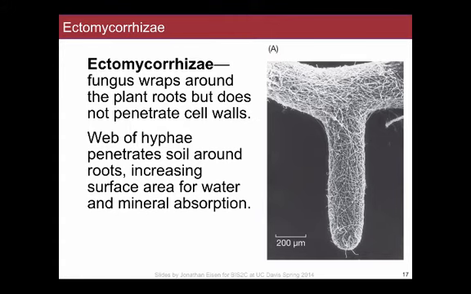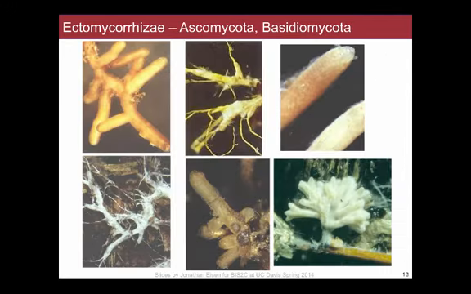They're just wrapping around the outside of the roots. A few hundred of these Ectomycorrhizae symbioses have been characterized, involving both Basidiomycota and Ascomycota. And there's a reasonable number of different species of fungi found to be involved in this.